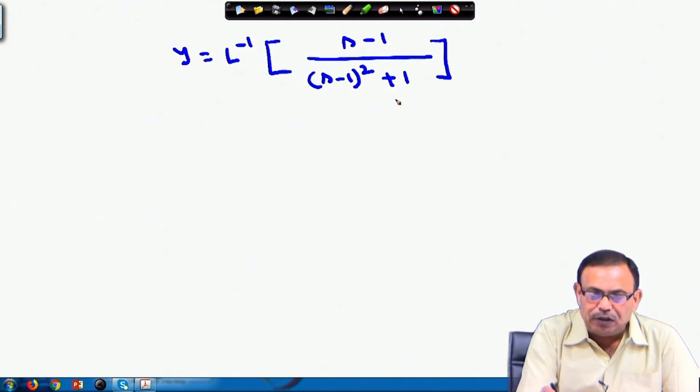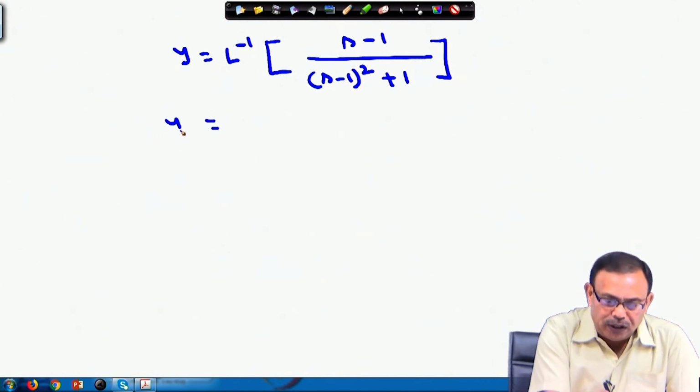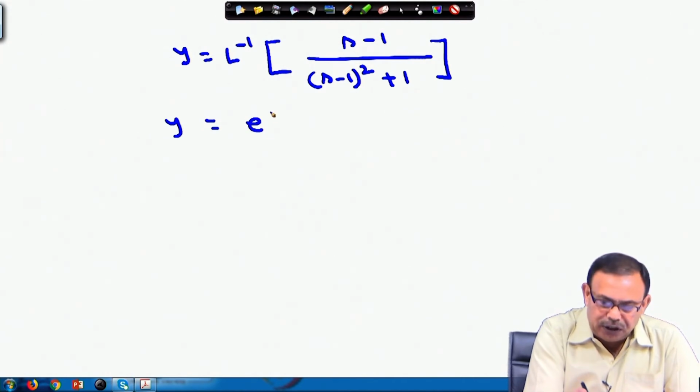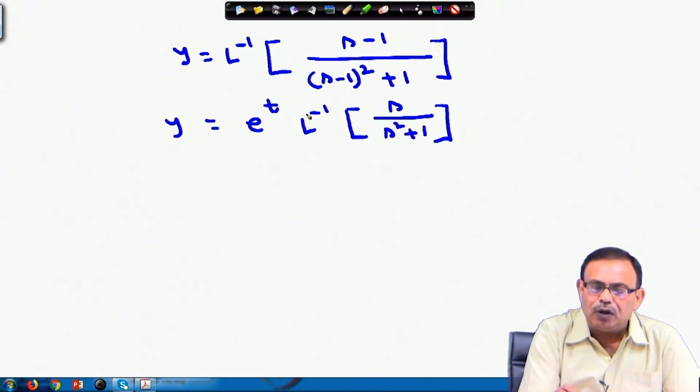Now, this s minus 1 can be replaced by s by the shifting theorem. So, you can write y equals e power t into Laplace inverse of s by s square plus 1. The e power t operator is coming over here because of s minus a.